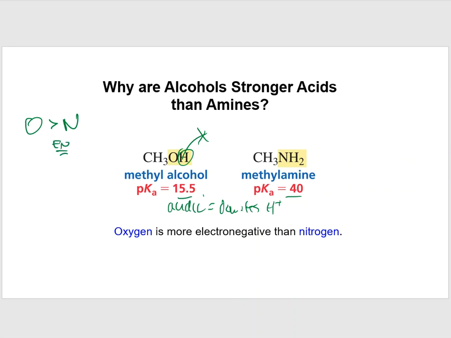That means oxygen is more electron greedy. The bond between the O and H, that's electrons. This oxygen's going to suck those electrons around it. That leaves hydrogen exposed and left out, and this hydrogen is more than willing to skip. And that bond breaks.